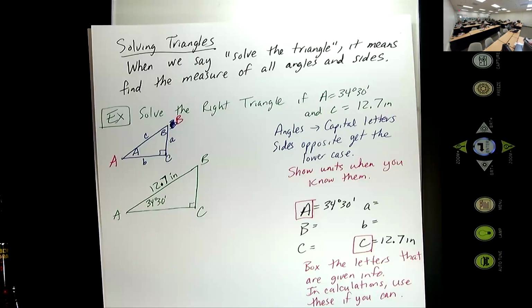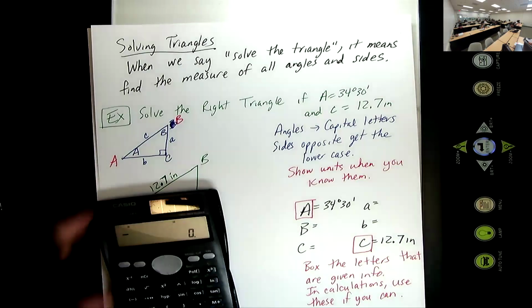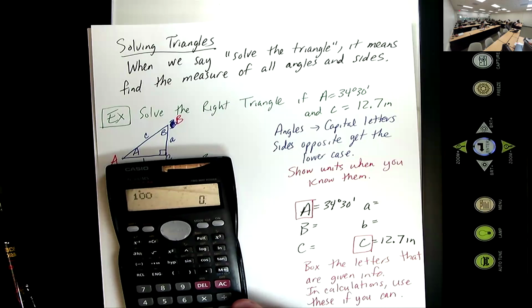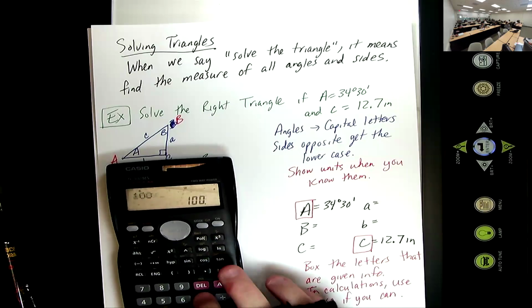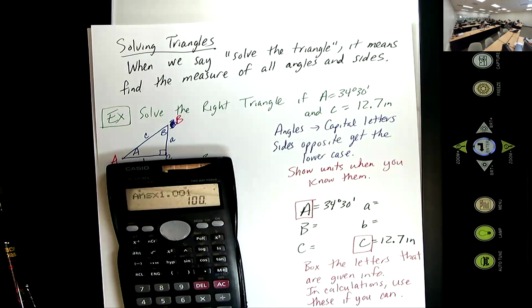You may not think rounding compounds that much, but let's say I was off by 0.1%, and I did the operation a bunch of times. Like if I had 100 and I multiplied it by 1.001, that's like being off by 0.1%.